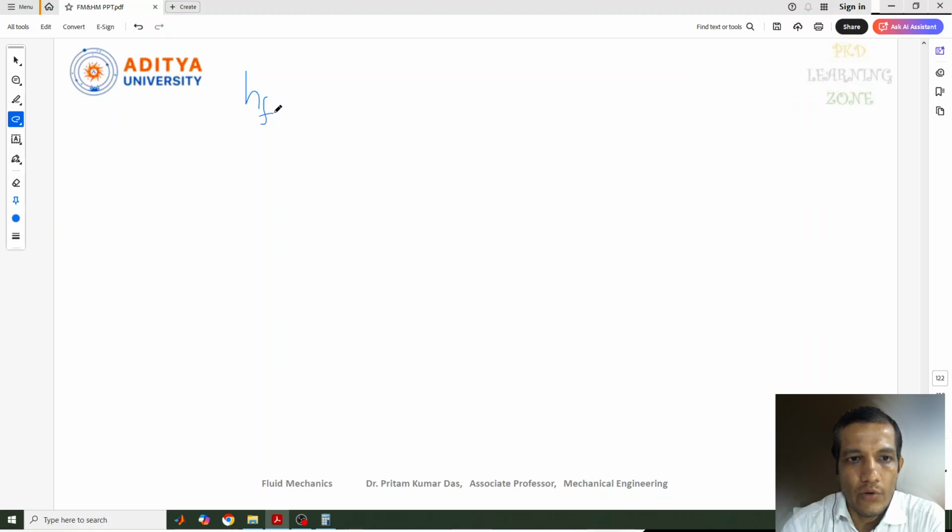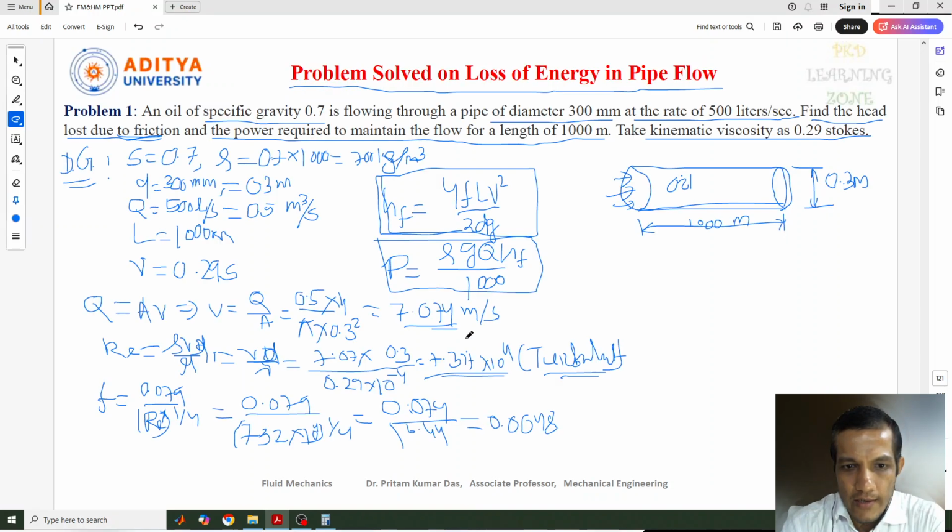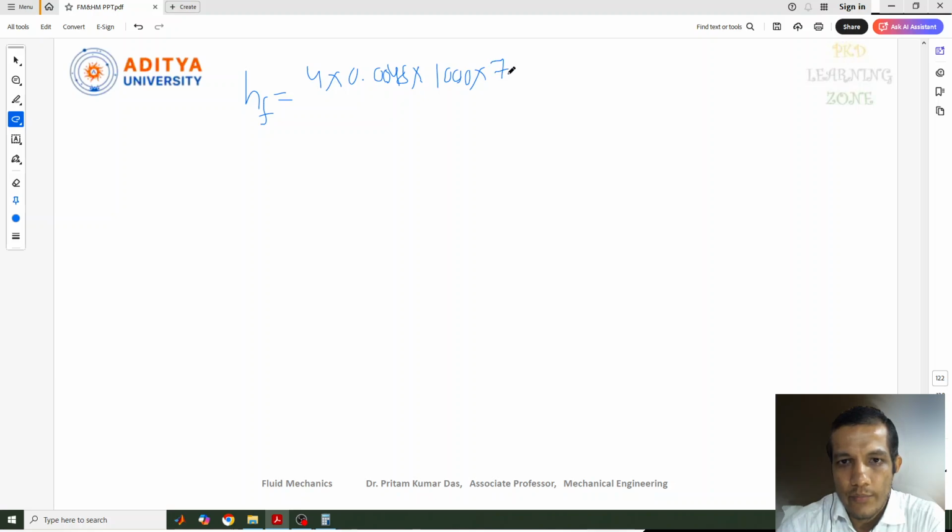So HF equals 4 into 0.0048 into length, which is given as 1000, and the velocity is 7.074. So 7.074 squared, that is LV squared, divided by 2 into diameter 0.3 and g value 9.81.